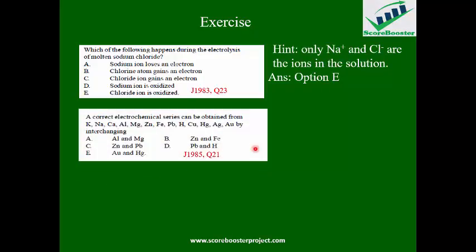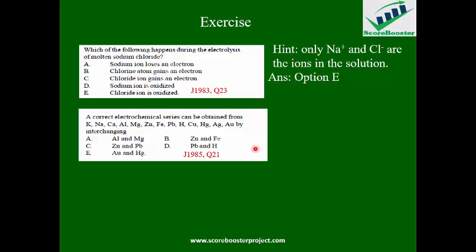A correct electrochemical series can be obtained from this by interchanging that. Although you are not expected to memorize this, by constant practicing, you'll be able to know that magnesium comes before aluminium. Even if you don't know, just look at the other options.